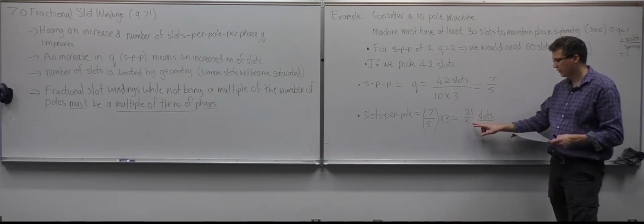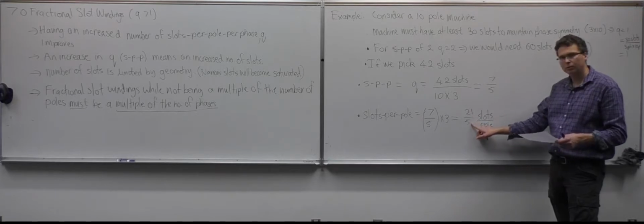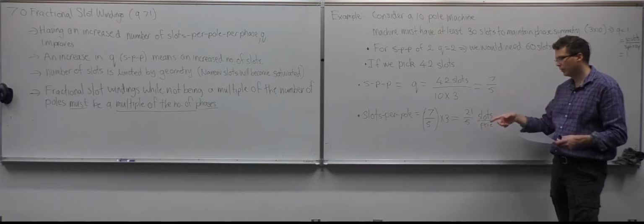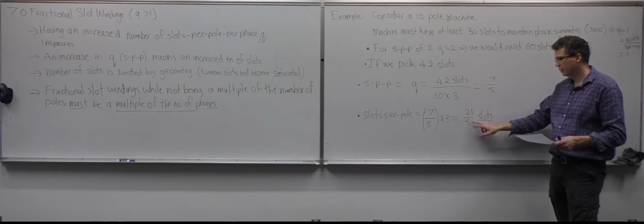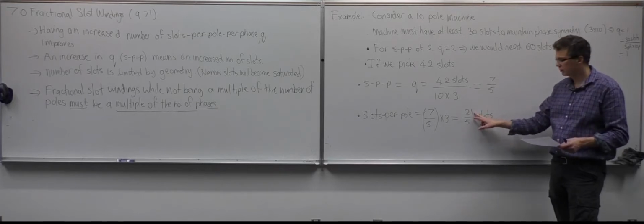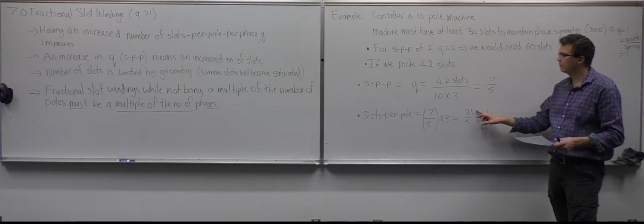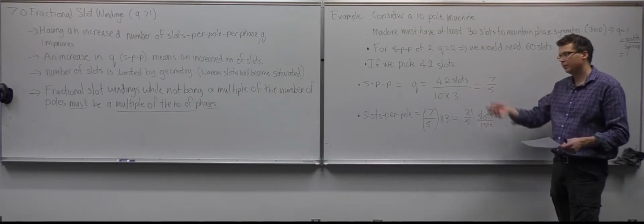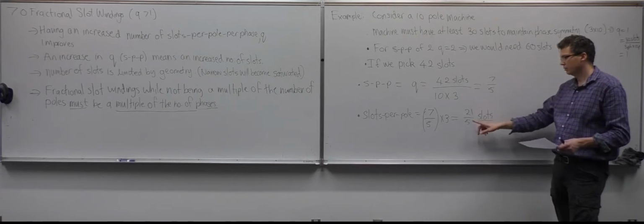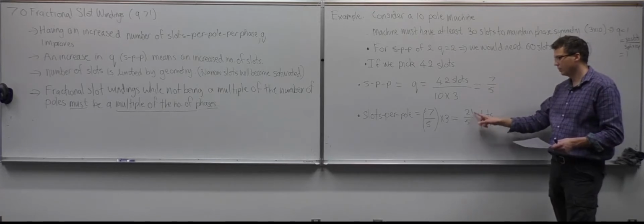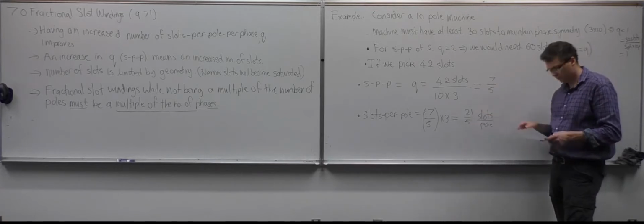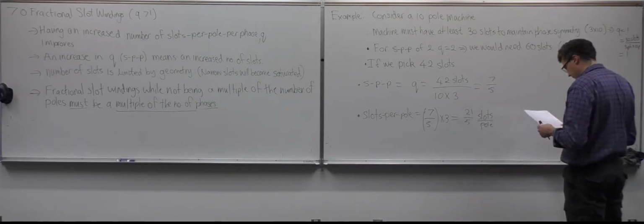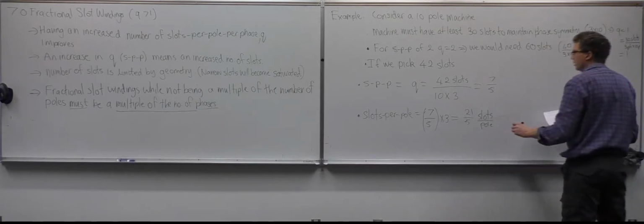A way of thinking of this is that 5 poles have to be created using 21 slots. But we have 42 slots, so after 21, the pattern repeats. So we need to fit 5 poles in 21 slots. That's what that's saying. So let me write that.